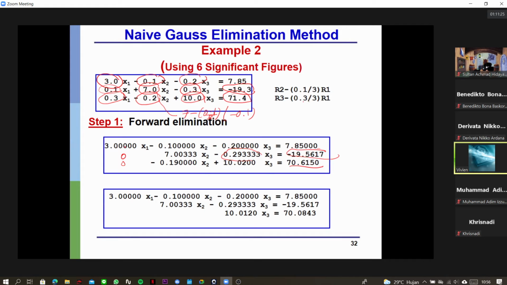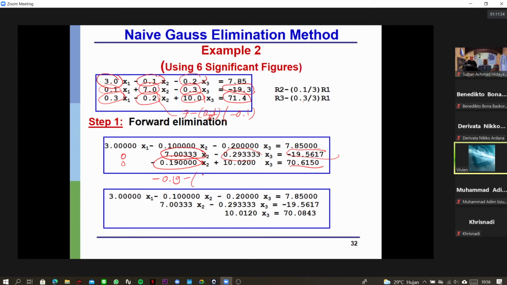Once we finish making 0 in the first column, we can continue to the second column. Now the diagonal element here, the second element in the second row, acts as a pivot, so we try to make the element below it 0 by subtracting from the third row the second row multiplied by a factor.